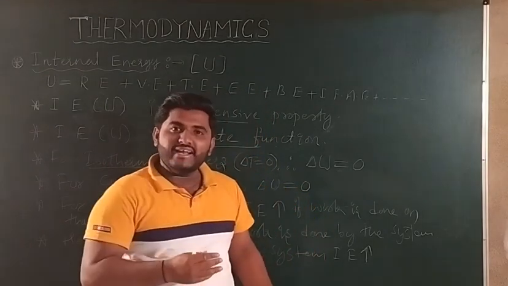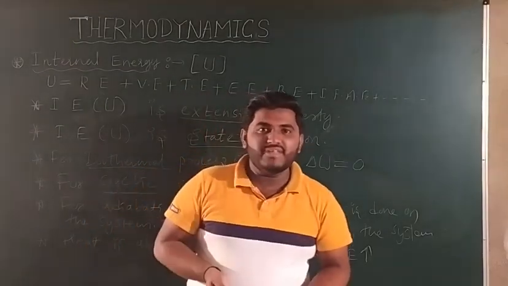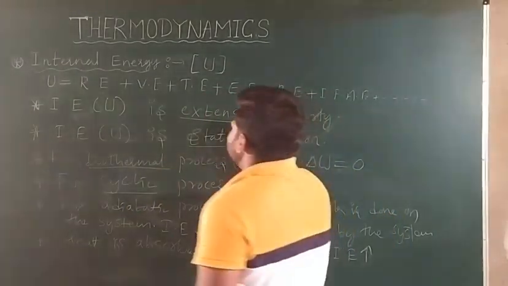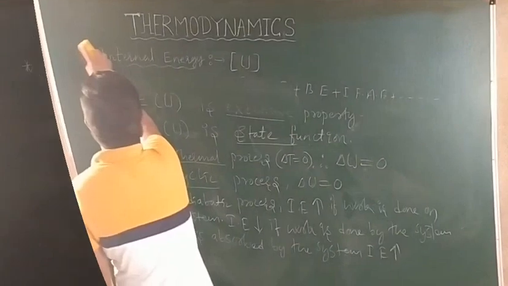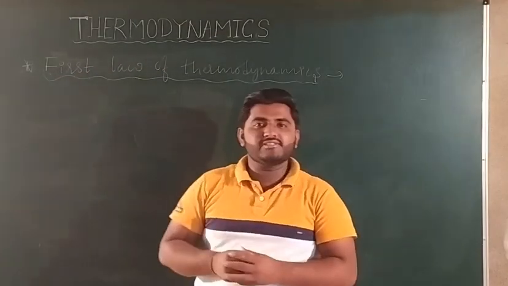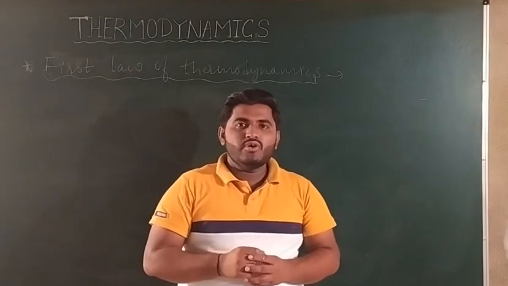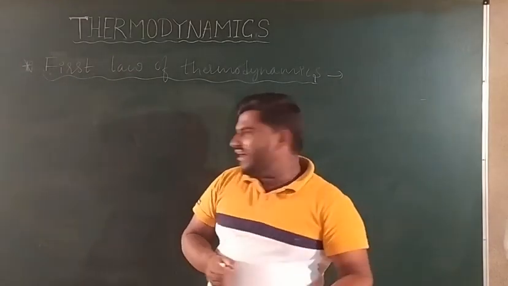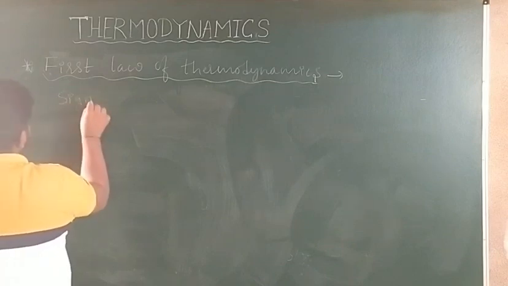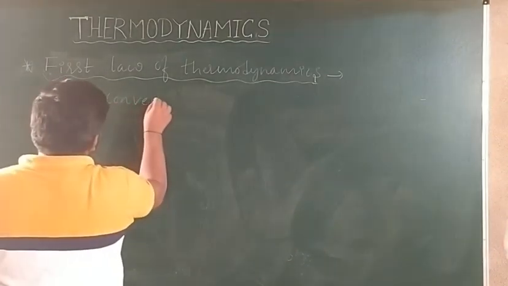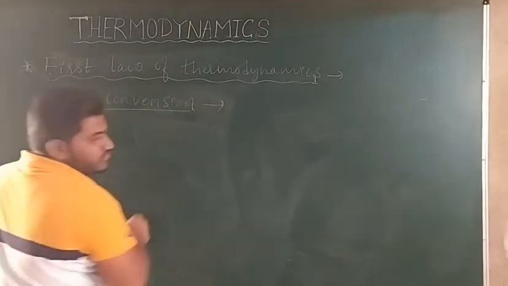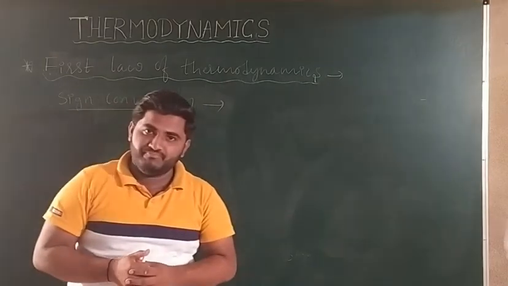You have already studied this in 10th SSLC. That is called the law of conservation of energy also. Before going to the first law of thermodynamics, you must know the sign conventions. What are sign conventions? Sign conventions mean when we are using positive and when we are using negative.